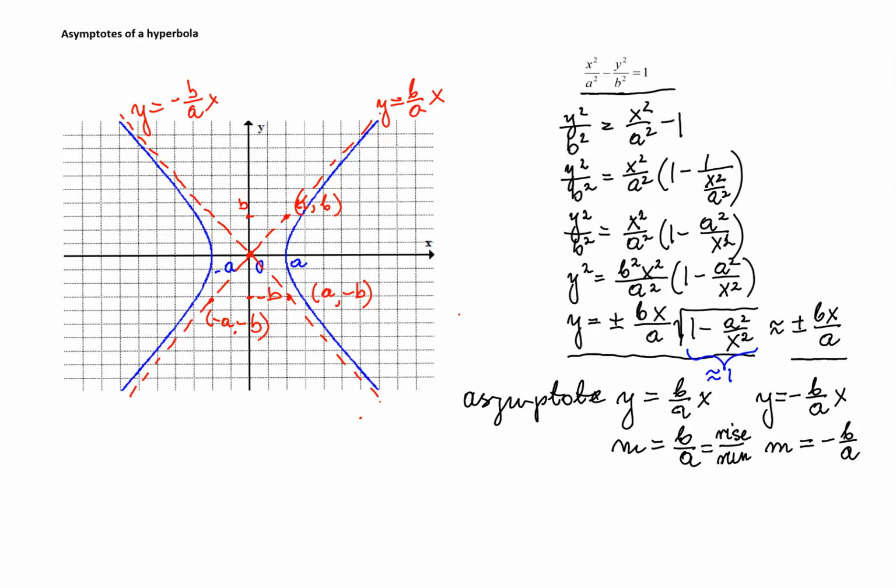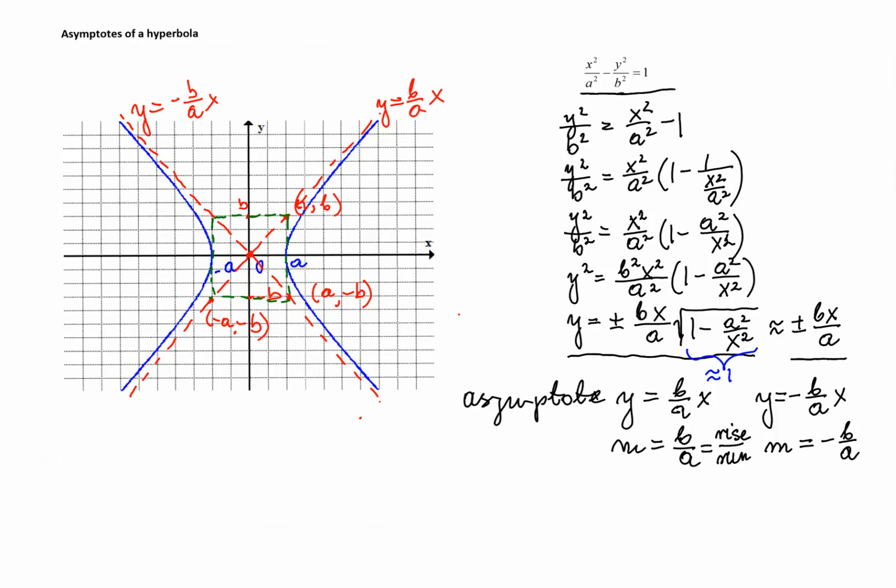Now notice one more interesting thing about those asymptotes. If I draw a rectangle going through the b on the y-axis and a on the x-axis, so going through those two points and having sides that are parallel to the x and y-axis, you will notice that the points through which those lines pass are vertices of that rectangle.